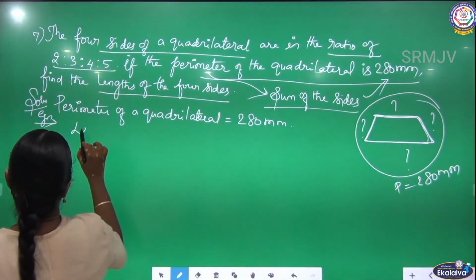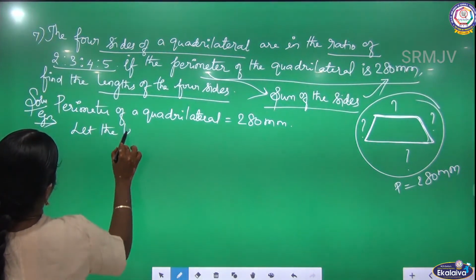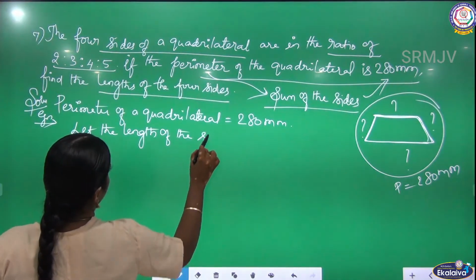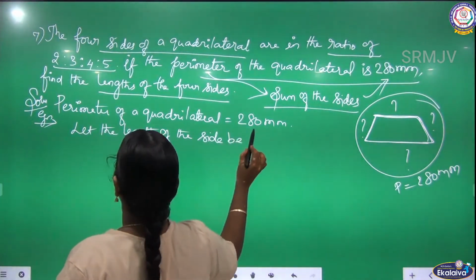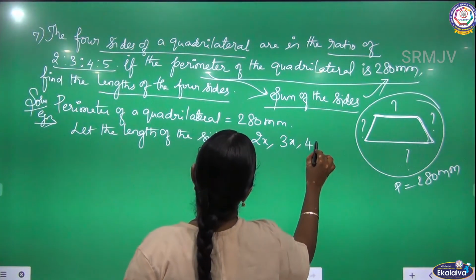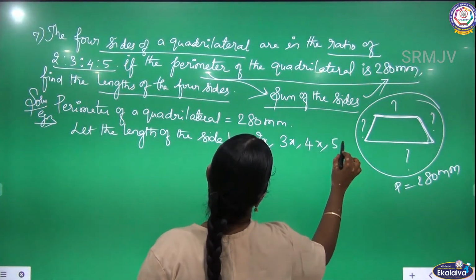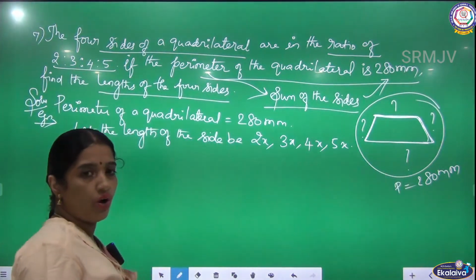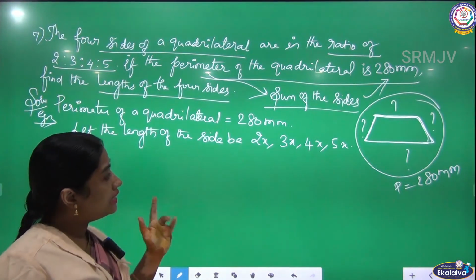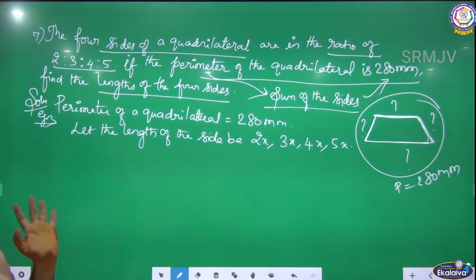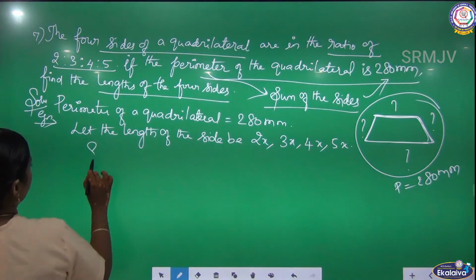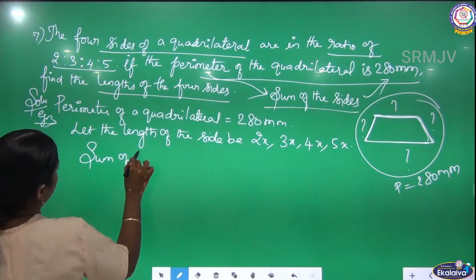Let the lengths of the sides be 2x, 3x, 4x, 5x.